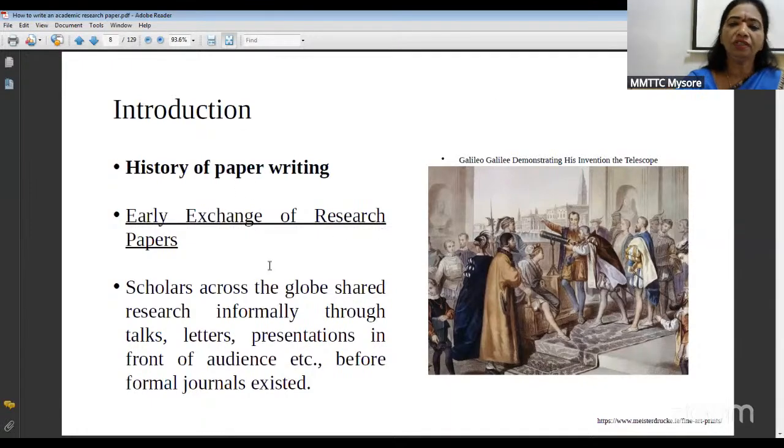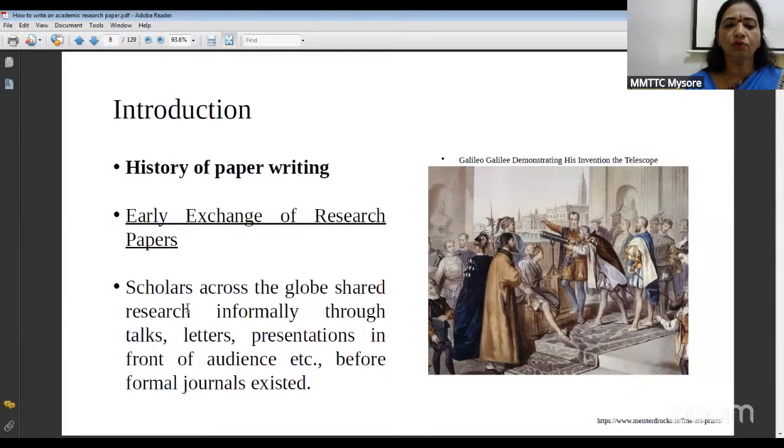So if we see when paper writing or publishing started, we have to look at the history of paper writing. Earlier, before the practice of publishing came, people made paintings, sculptures, and writings.